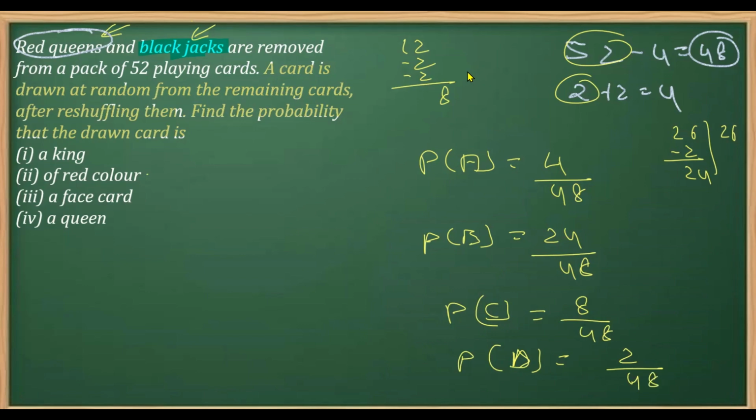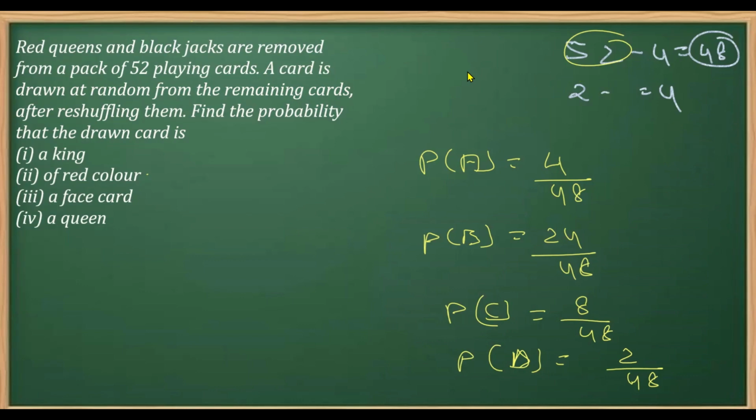But the probability is the number of favorable observations divided by the total number of observations. So you must write down in the exam the statement that the required probability is equal to the number of favorable observations divided by the total number of observations. Further, you also need to write the answer in reduced form.